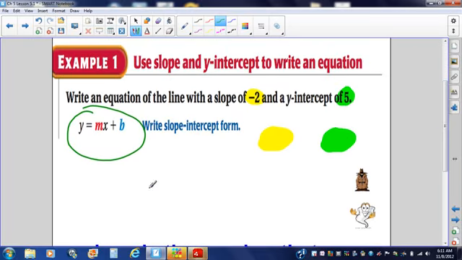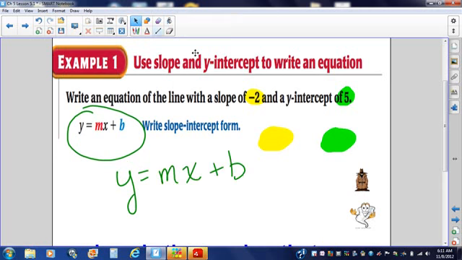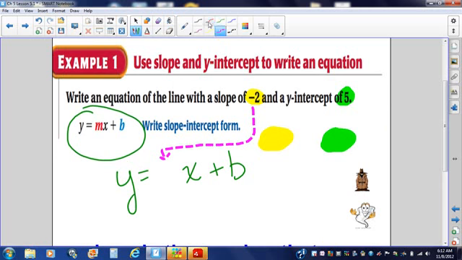Alrighty, here we go. I'm going to write y equals mx plus b. They're telling me that the slope is -2. Slope in math can be represented by the variable m. Very good job. So I am going to take out the m, and I'm going to put in a -2 for my slope.